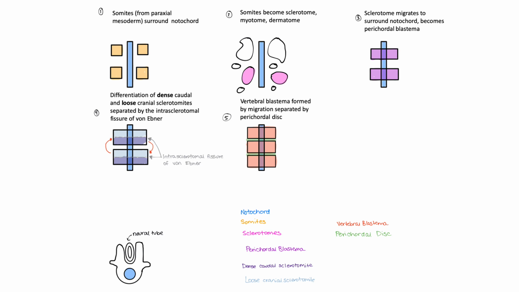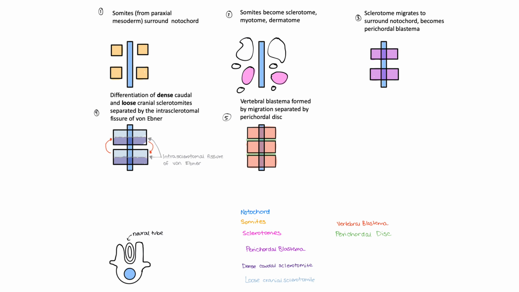All right, so that is it. So know the important things. Know that the notochord is not the spinal cord. Know that the somites come from paraxial mesoderm. Know that those are going to be what surrounds the notochord. They differentiate into three different things: sclerotome, myotome, and dermatome. The thing that turns into the vertebral column is going to be the sclerotome, which migrates to surround the notochord and becomes the perichordal blastema.